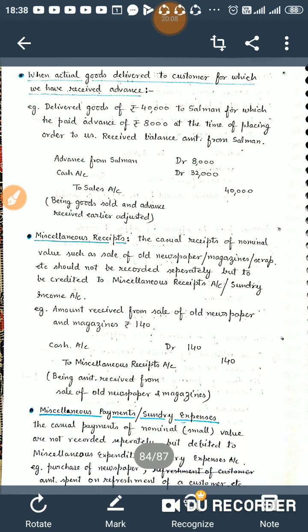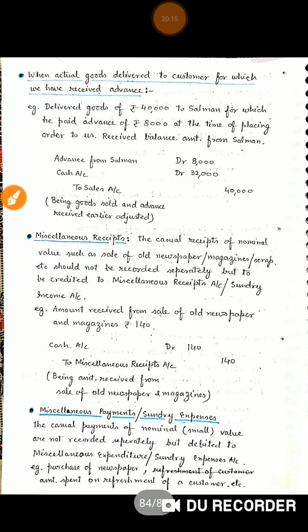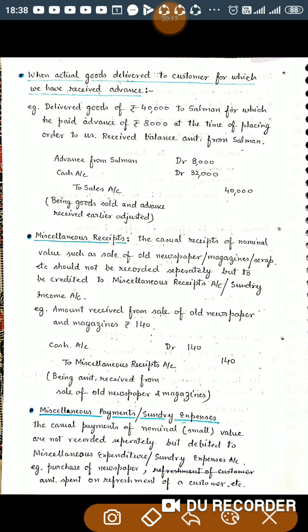Now next is miscellaneous payment. Another point of discussion is miscellaneous payment or sundry expenses.